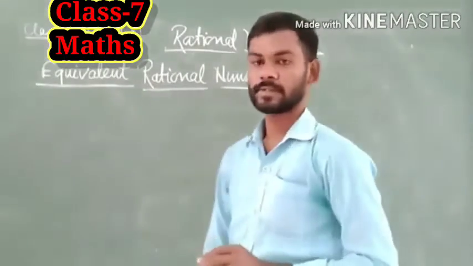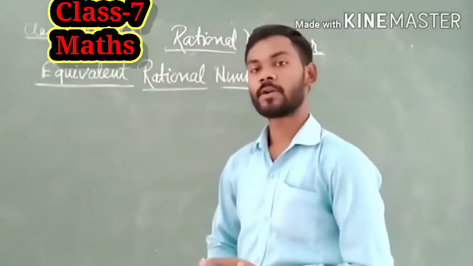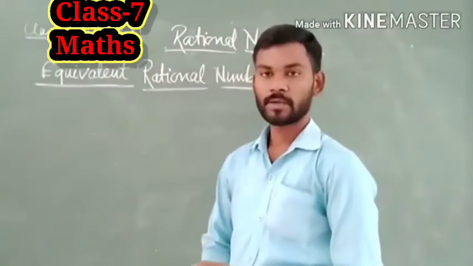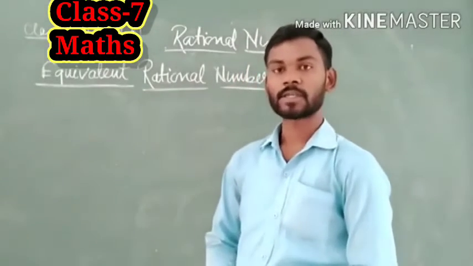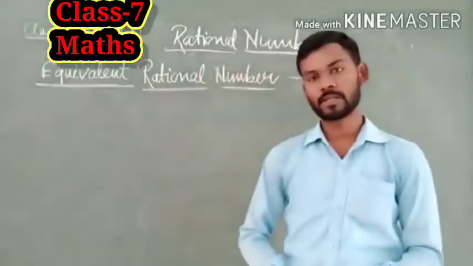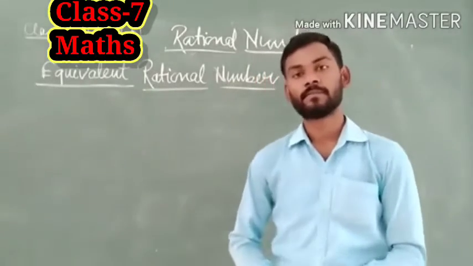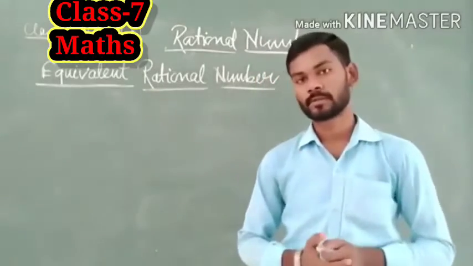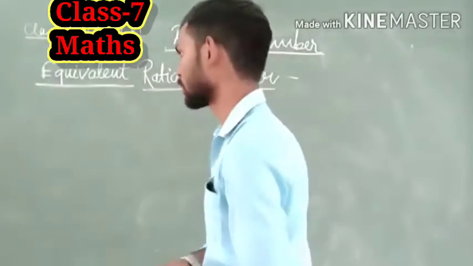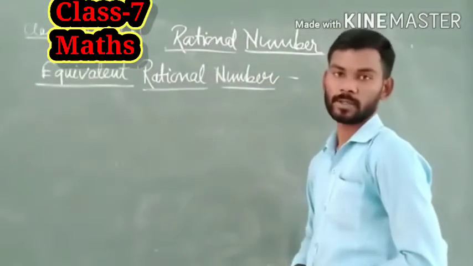As we discussed in the last class, in order to find an equivalent fraction of a given fraction, we multiply the numerator and denominator of the fraction by the same natural number. Similarly here, we shall do the same process to get an equivalent rational number.